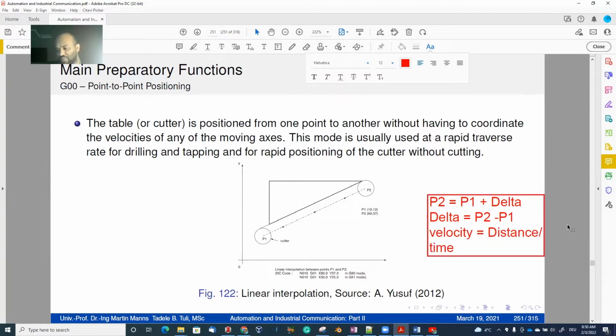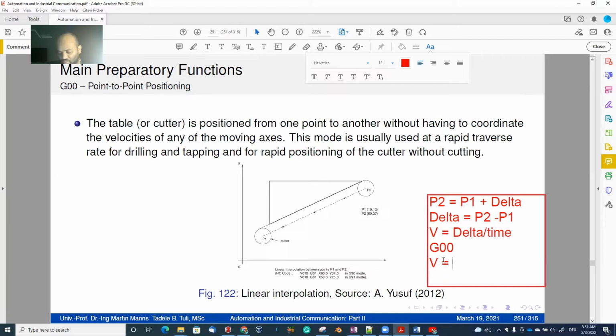Your distance could be delta, and then you need a time. So how fast should it move? For rapid positioning, when it is G00, it has to use a maximum velocity. V is velocity, maybe I would use the abbreviation.